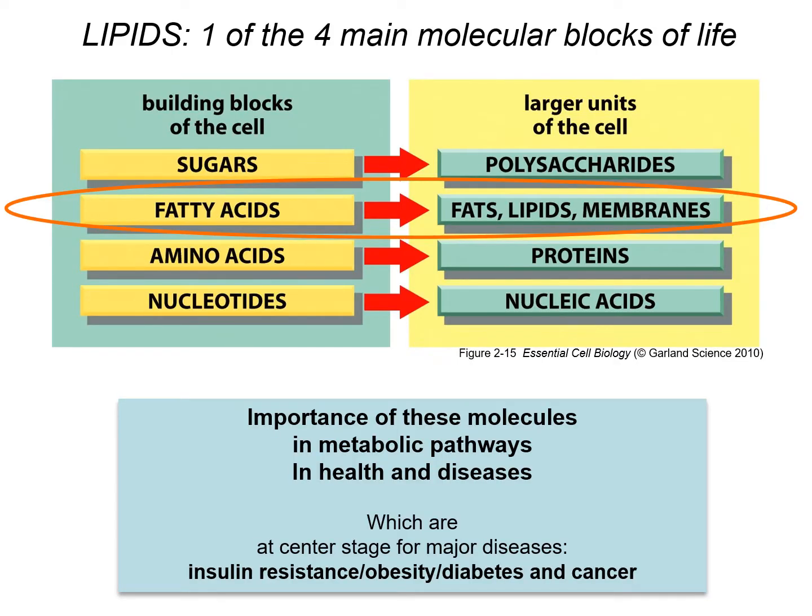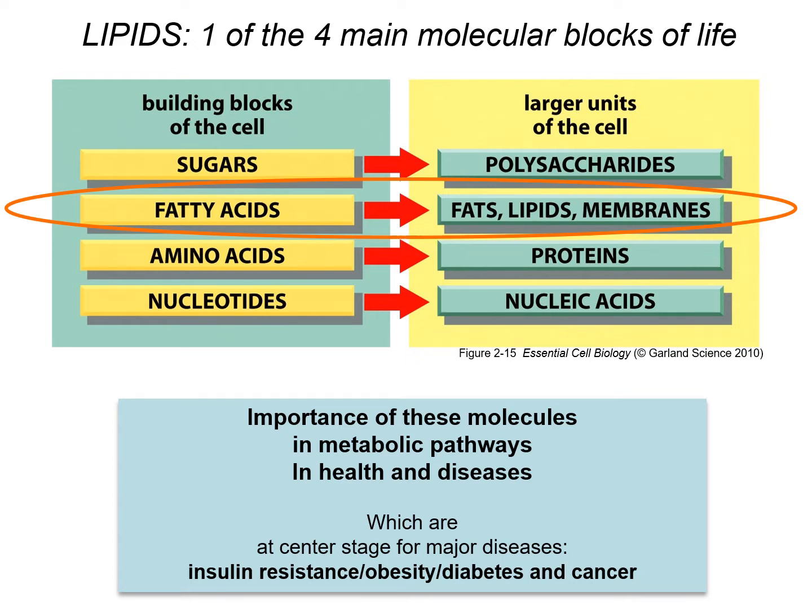But now we look at lipids because they are one of the four main molecular building blocks of life. And these fatty acids are the unit of these building blocks. They can form larger units of lipids as fats.